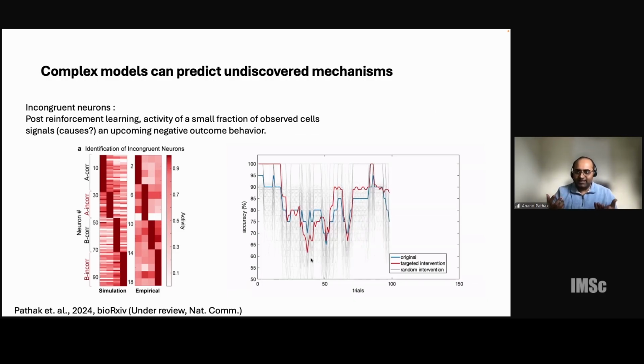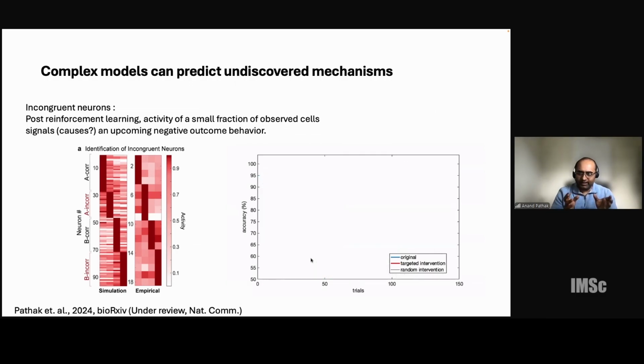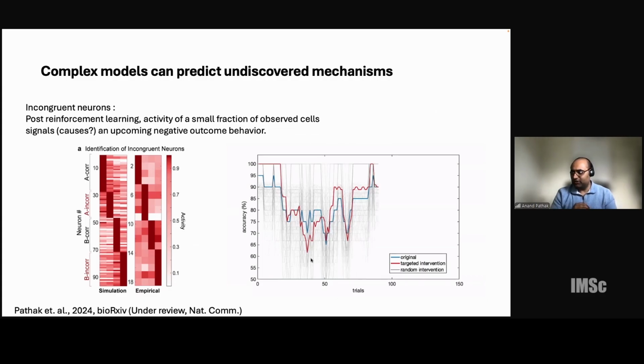Why do we need such neurons which signal an incoming wrong choice? And sometimes they cause the monkey to make the wrong choice. One of the hypotheses is that it could be because that makes the behavior more flexible.